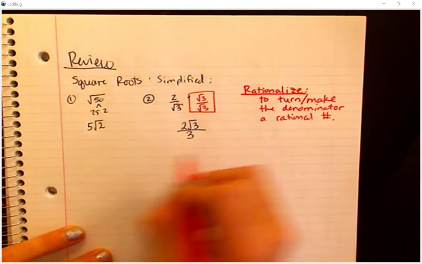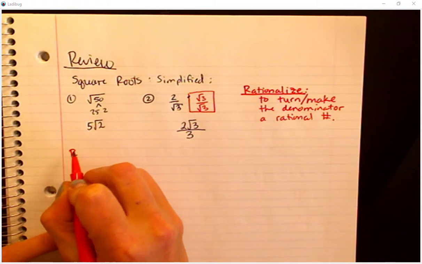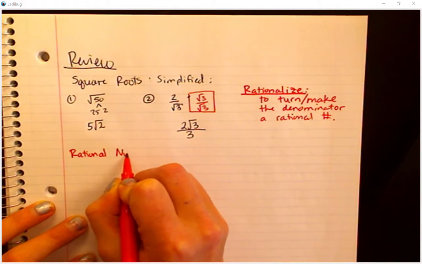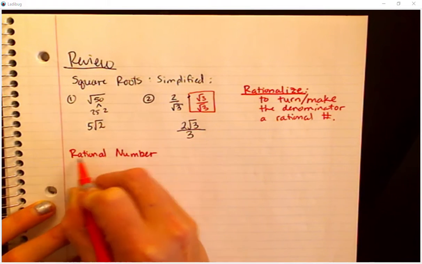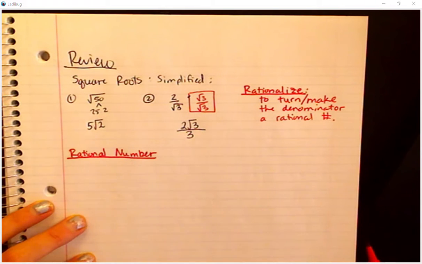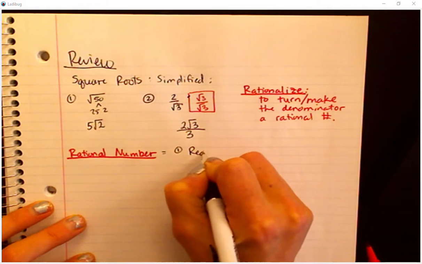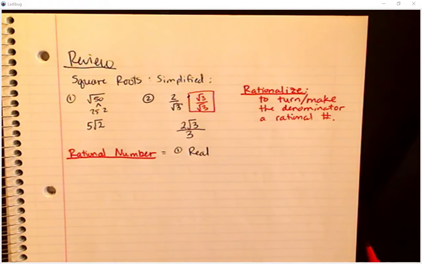A rational number is, first, it is a real number. Everything you've done so far is probably a real number. It's a number on the number line between negative infinity and positive infinity.